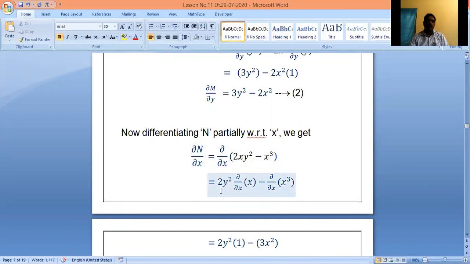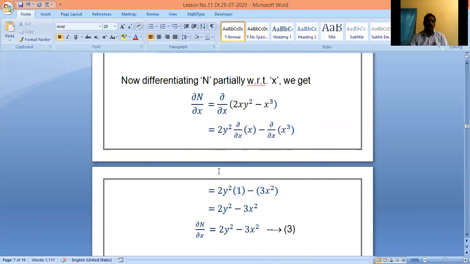Therefore, it can be written as 2y square into dou by dou x of x minus dou by dou x of x cube. That is equal to 2y square into 1 minus 3x square. That is equal to 2y square minus 3x square.